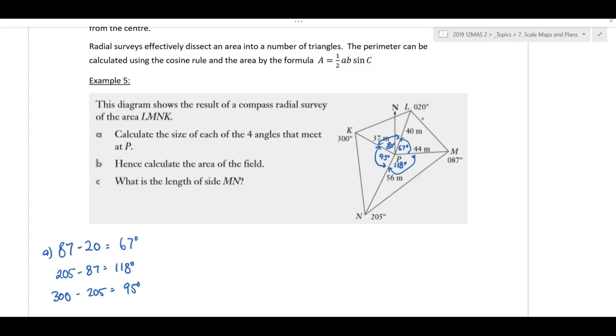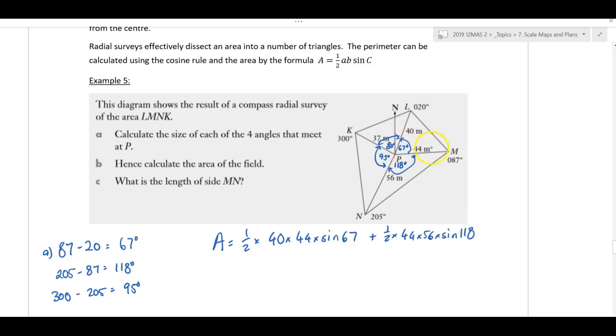It's a good start. Next, calculate the area of the field. What do they mean by that? We can use half AB sine C. So my area equals half times 40 by 44 times sine 67, plus half by 44 by 56 by sine 118.